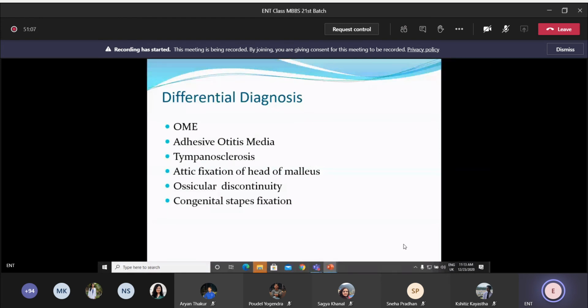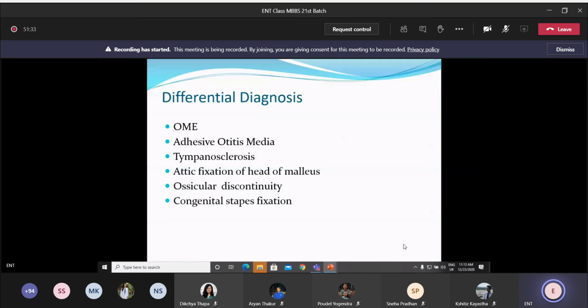What are the differential diagnoses of otosclerosis? People get confused. So you have to keep all these things in mind. Sometimes even OME, otitis media with effusion, may just look like otosclerosis. Another is adhesive otitis media, tympanosclerosis, attic fixation of the head of the malleus.